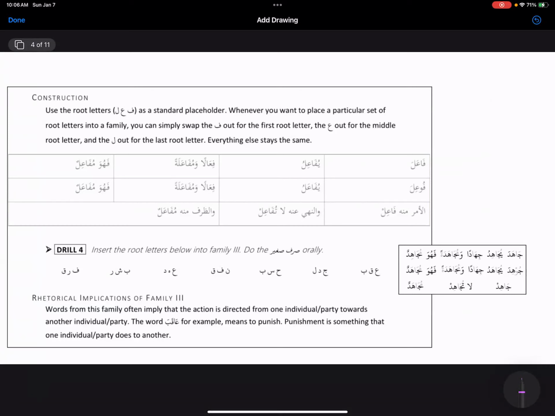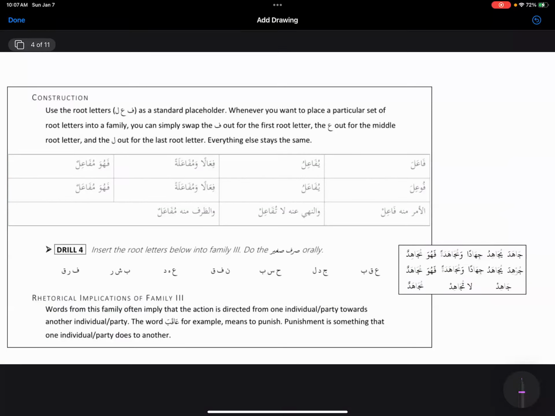Very good. Husiba, yuhasabu, hisaban, fahuwa muhasabun. Al-amru minhu hasib, wan-nahyu anhu la tuhasib, waz-zarfu minhu muhasabun. Very good, mashallah. So do more practice, inshallah, and then you're going to sound even better. Good job, mashallah. Jazakallah.